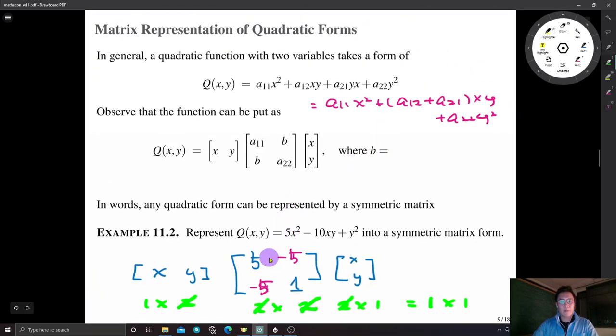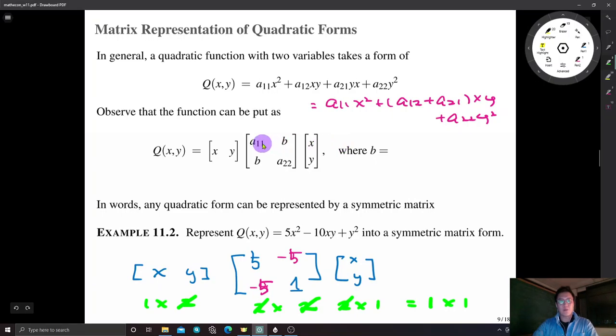So we have some degree of freedom on the choice of off-diagonal entries. But we want to make this matrix symmetric, so we have two identical off-diagonal entries. That can be easily achieved, because we have a sub 1,2 plus a sub 2,1 for xy.